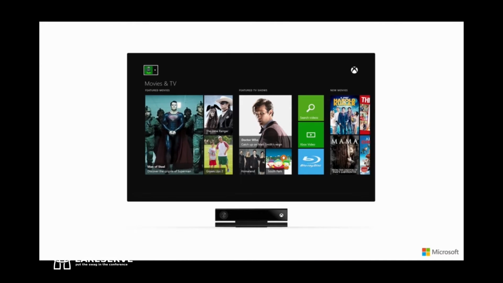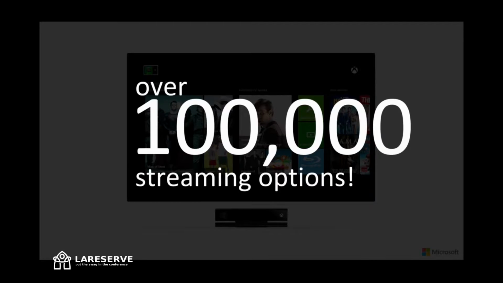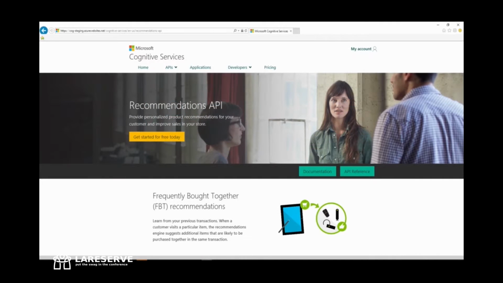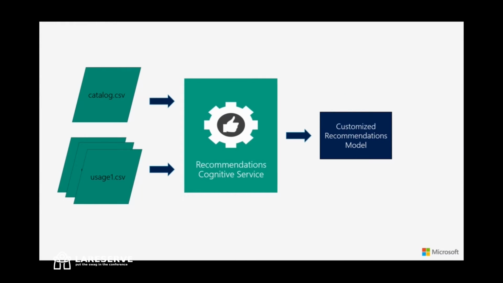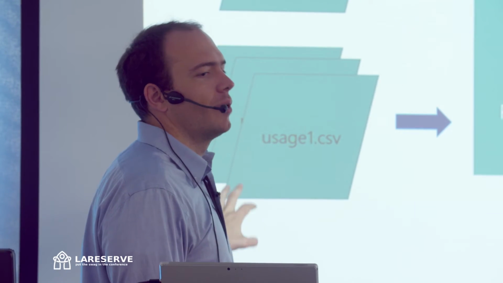To dive a little into this, because there are a few more data requirements around the recommendations API: if we have movies, we want to know what to watch. If we want to use the recommendations API, two things are required in order to build our recommendations.